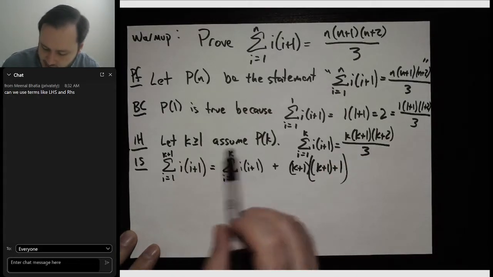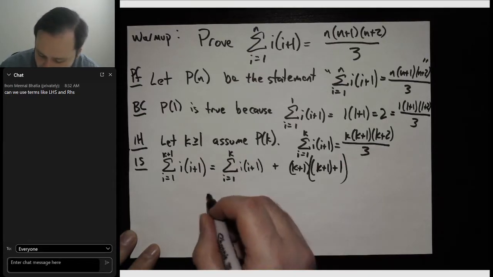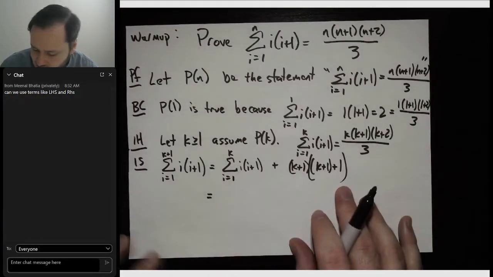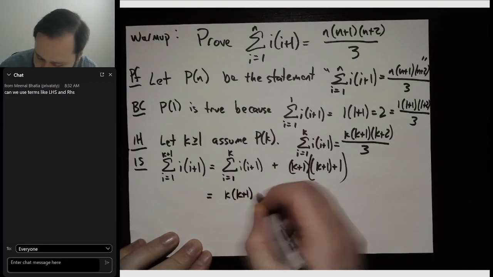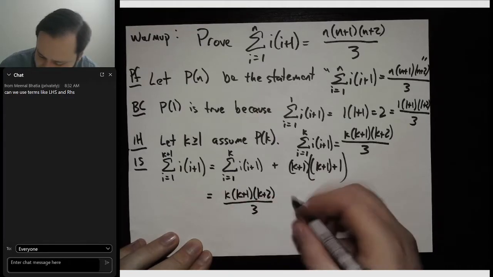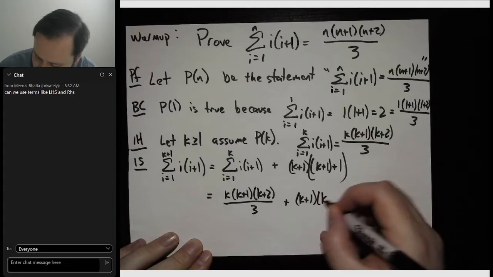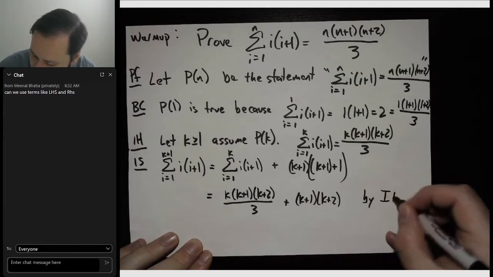And I've done this so that my previous term appears, and now I can use my induction hypothesis. By my induction hypothesis, I know what this line is. This is k times k plus 1 times k plus 2 divided by 3 plus k plus 1, k plus 2. This is by my induction hypothesis.